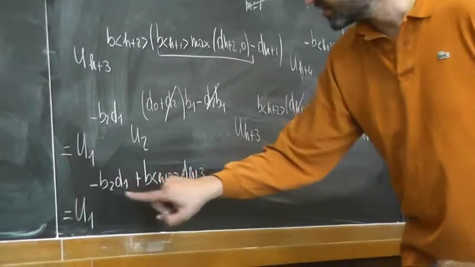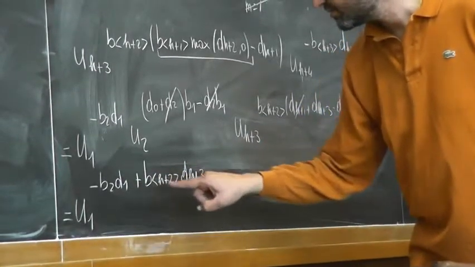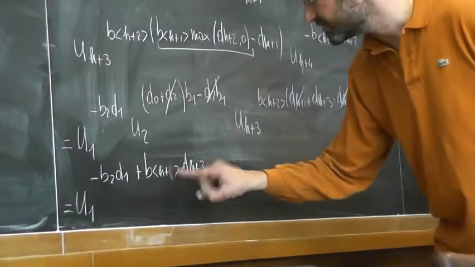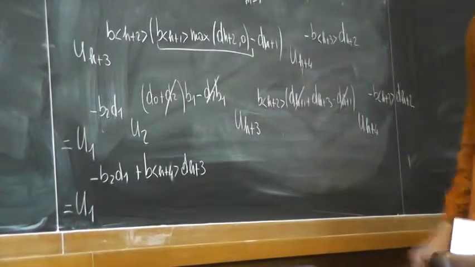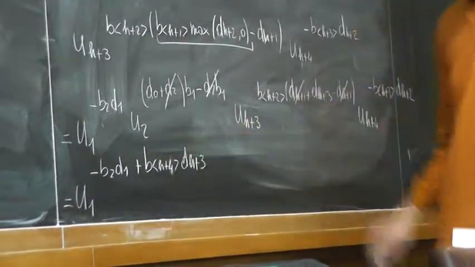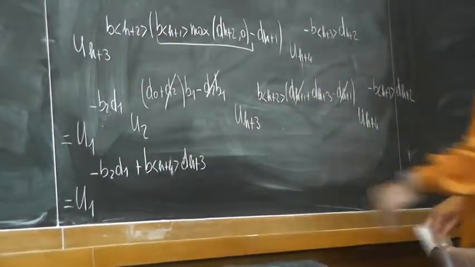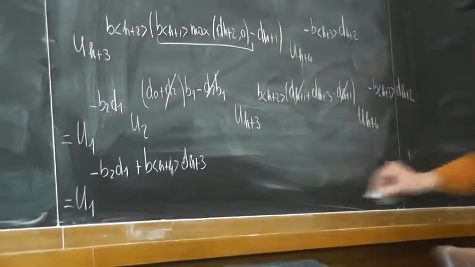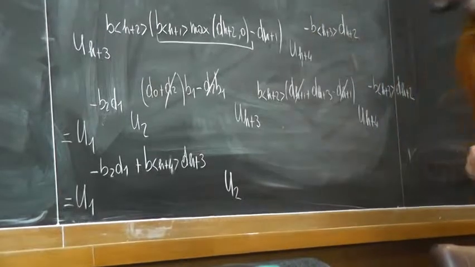Of course, I can write H plus 4 instead of H plus 2, if you want. So that you have our periodicity and these two elements are equal because D1 is equal to DH plus 3. The same should be for the pattern.